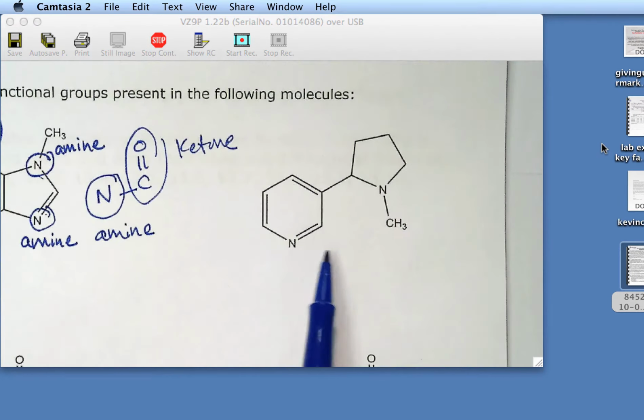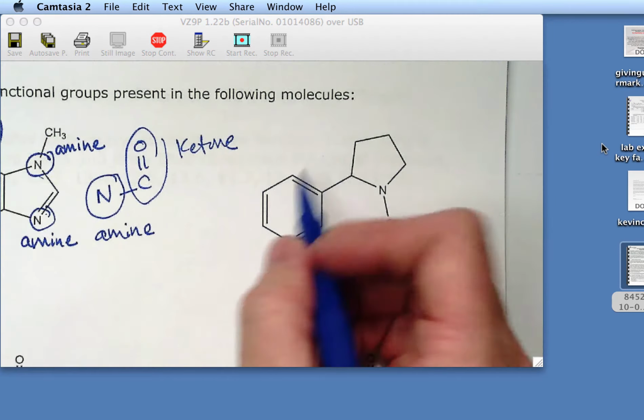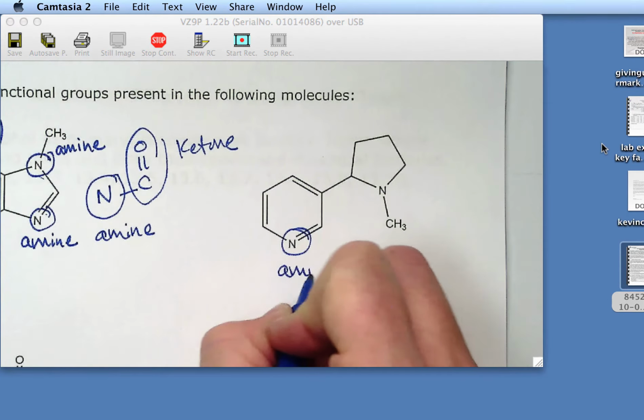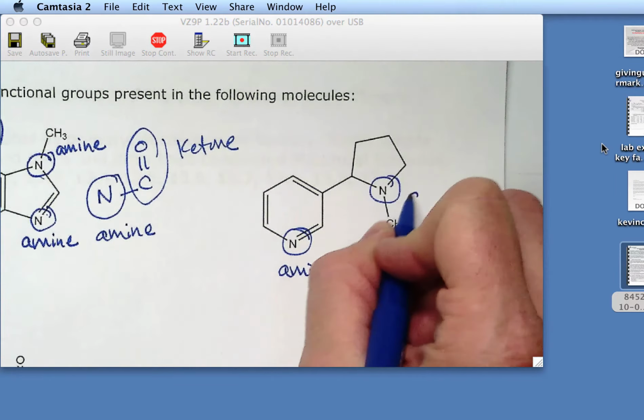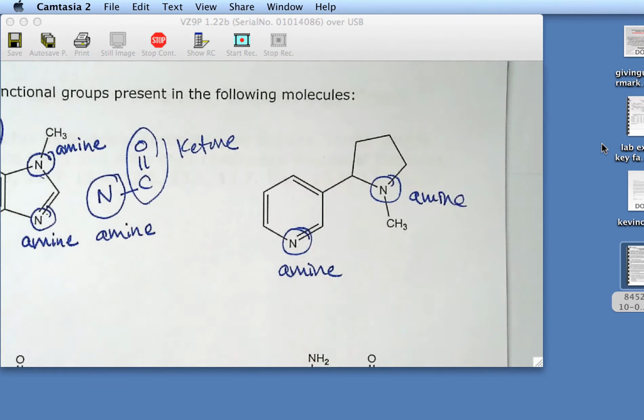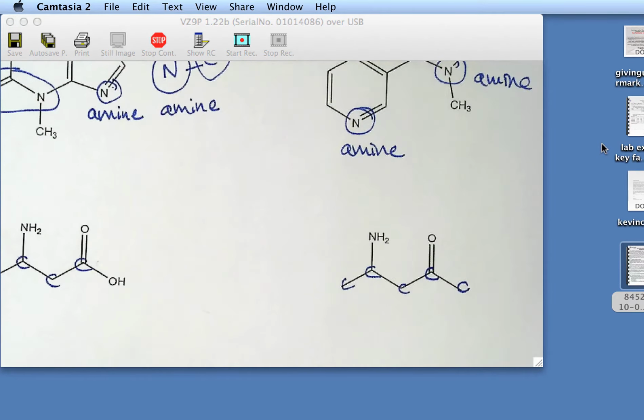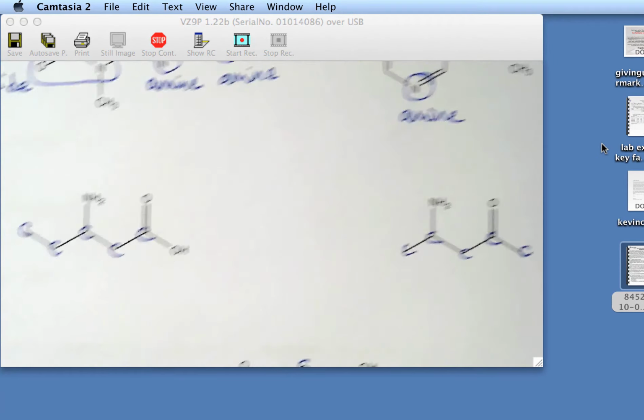All right, what functional groups are in this molecule? Amine. Okay, very good.